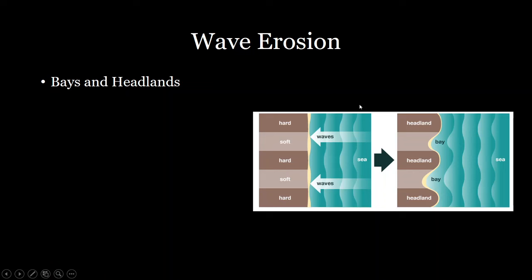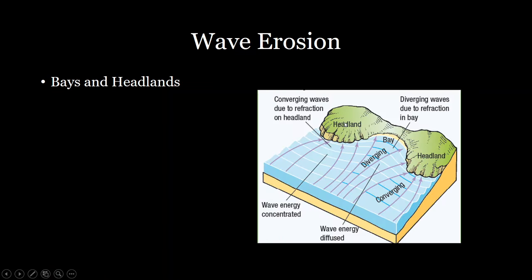And so this forms as you have a series of hard rock and soft rock in sequence along a shoreline. And so as you have waves hitting this shoreline, then the soft rock erodes and forms a bay, and it leaves behind the hard rock in the form of a headland.